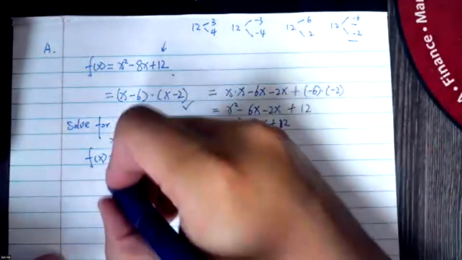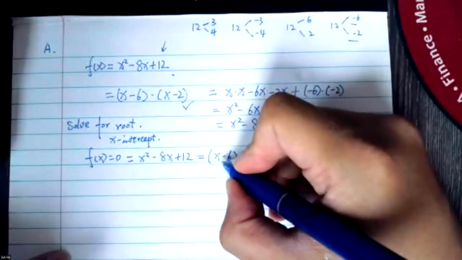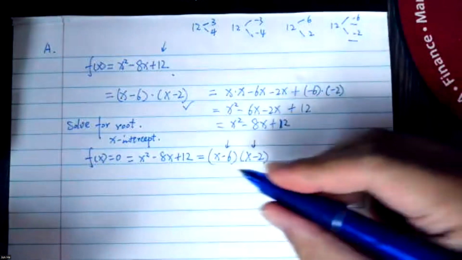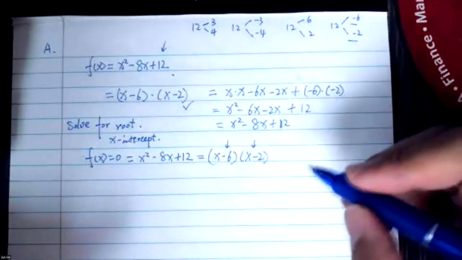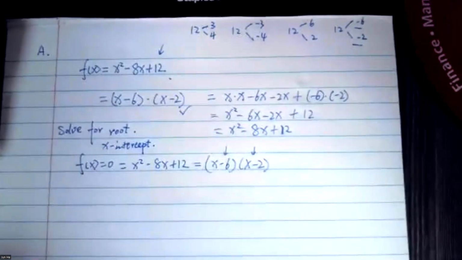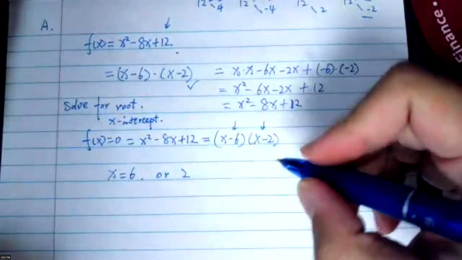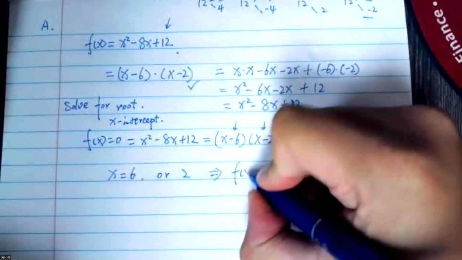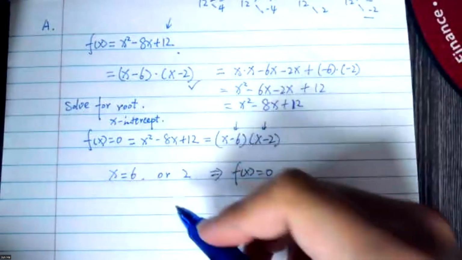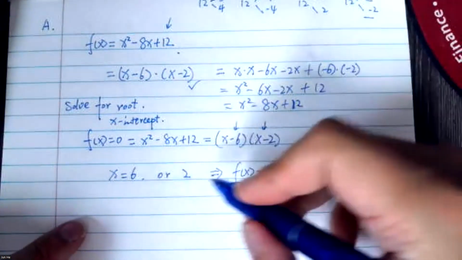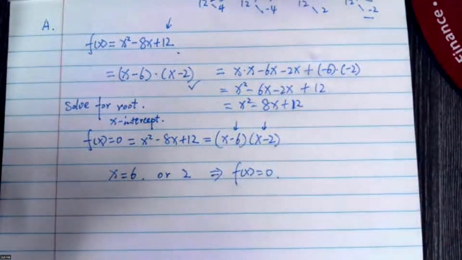We want this equation to hold. Either of these two multipliers equal to 0 will make the product 0. So x can equal 6 or x can equal 2 to ensure that f(x) equals 0. Therefore, 6 and 2 are the roots.